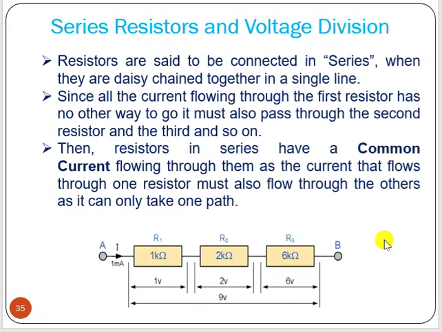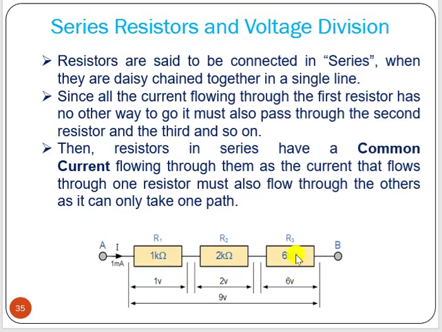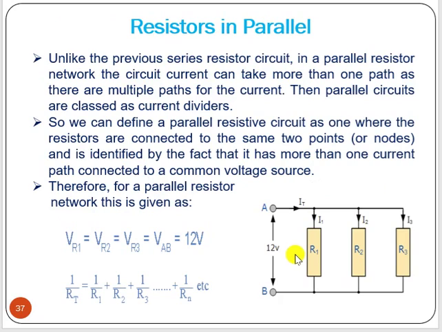Okay. Now, series resistors and voltage division. Series resistor means whenever the resistances are connected in series, we simply add. That means equivalent resistance would be R1 plus R2 plus R3. For parallel, 1 by R equivalent or total resistance equals 1 by R1 plus 1 by R2 plus 1 by R3, and so on.